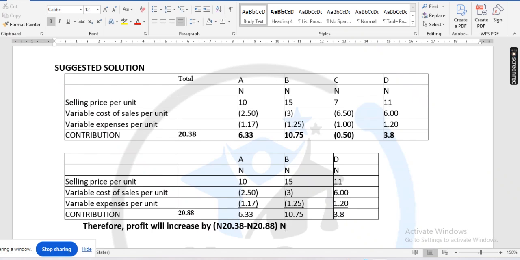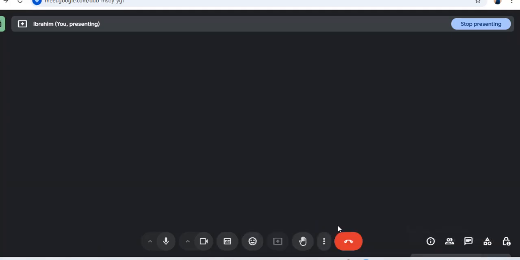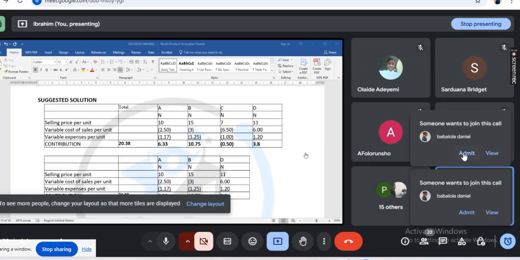0.5. Now, this is 0.5 naira per unit. Is that not so? Now, it means that the profit will increase by 0.5 naira per unit as a result of discontinuing product C. Class, if you want to get the value, what will be the value?